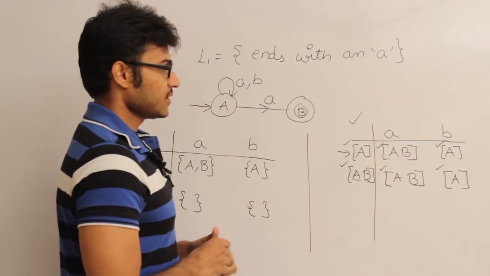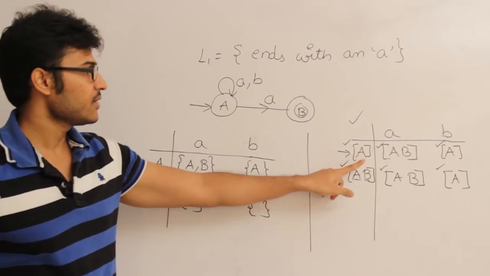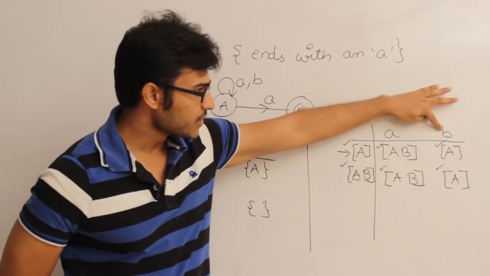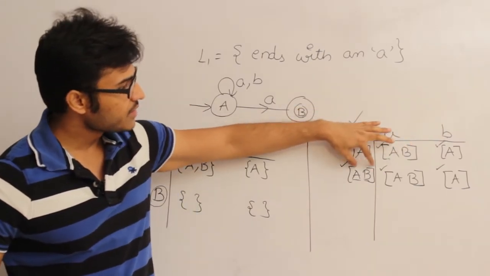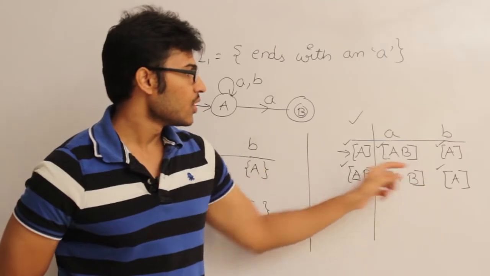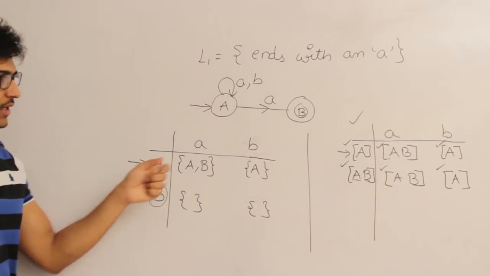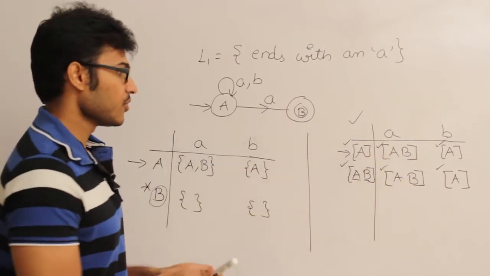So the first step is to start with the initial state and then draw all the states which are reachable on all the inputs, and then for every state which is reachable, only then you consider it and try to fill the row. Don't directly go from A and then B and then C like that. Only if B is reachable we are going to write about it, otherwise we are not going to write about it. Okay.